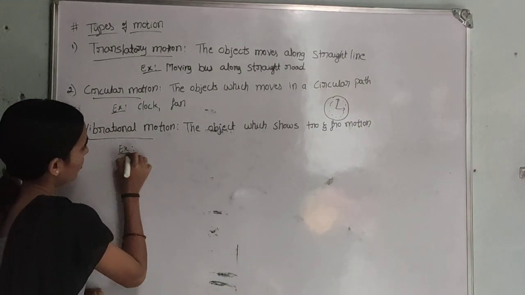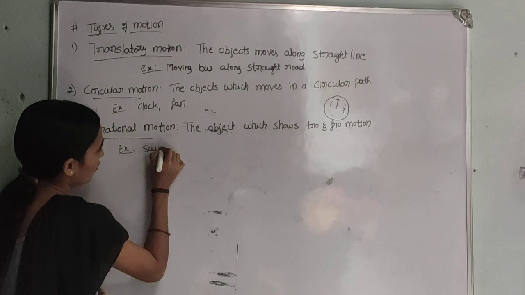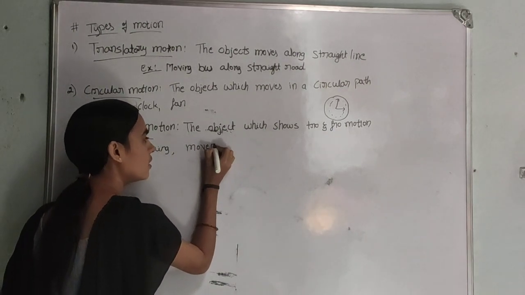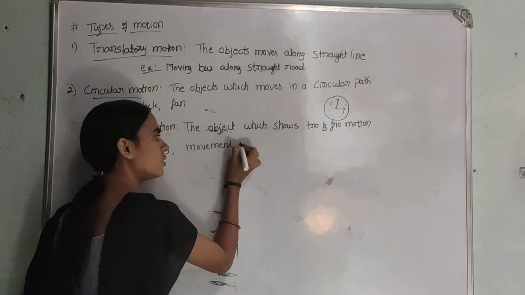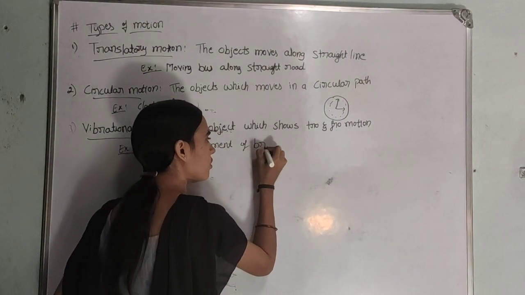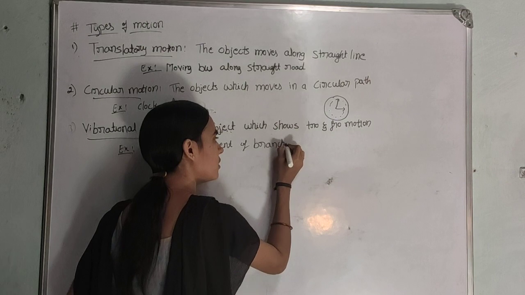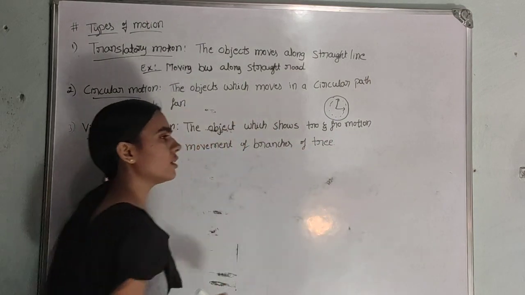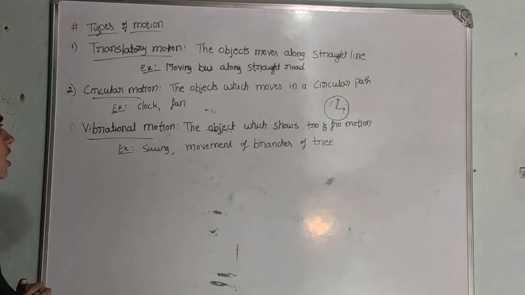Examples of vibrational motion are a swing and the movement of the branches of a tree. These are examples of vibrational motion.